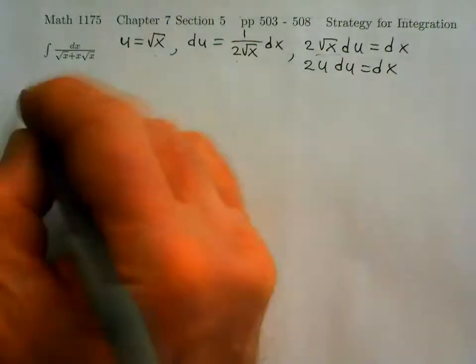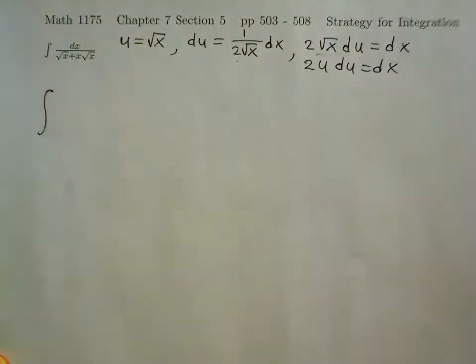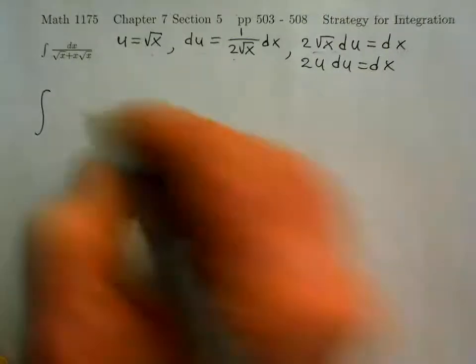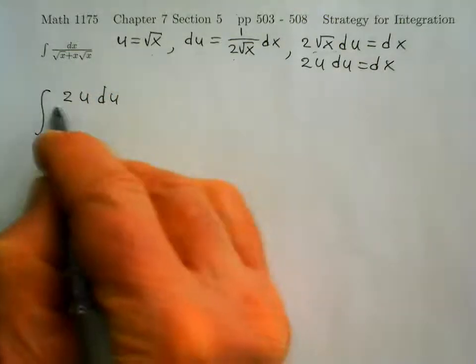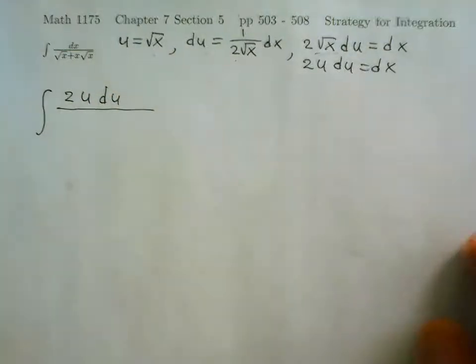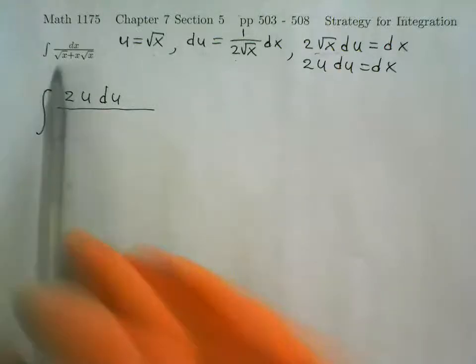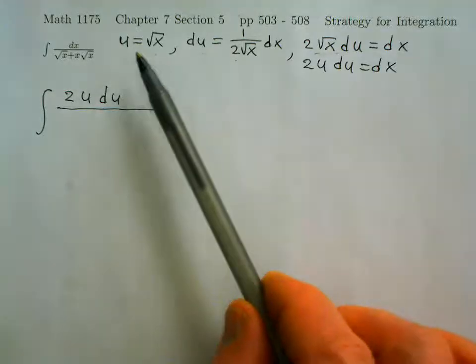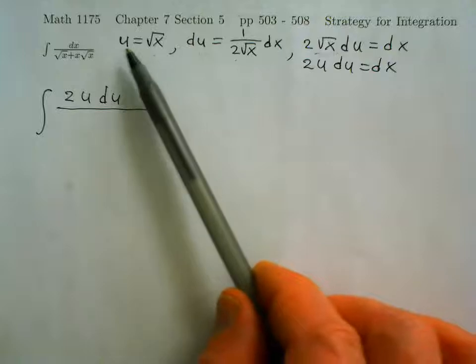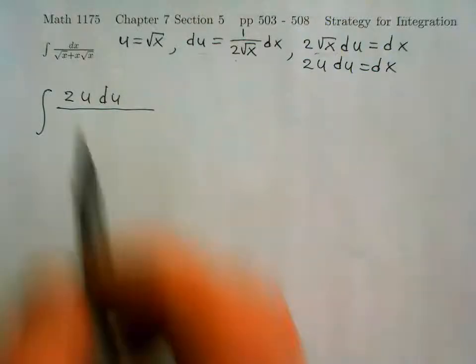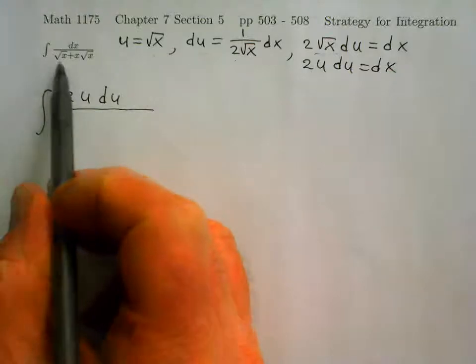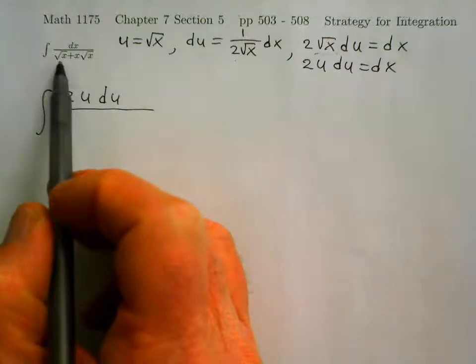Okay, so let's write that in the numerator. Replace dx with 2u du. And what will the denominator become based upon the substitution u equals the square root of x? The term on the left in the denominator is pretty obvious.